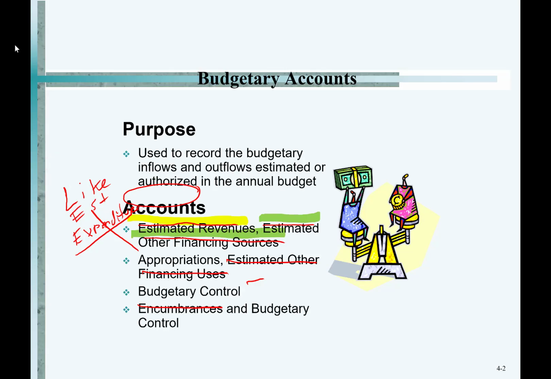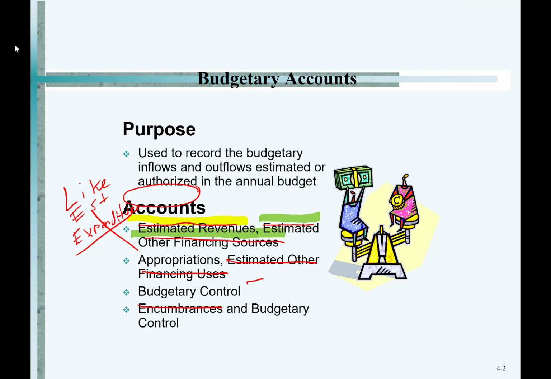Okay, so the first thing we need to do is start to understand certain accounts. My highlighting got a little bit off here, so these are not strikeouts, these are underlines. But we have some account names that we need to understand for our budgetary accounting. The key that makes these budgetary account names is the word estimated.